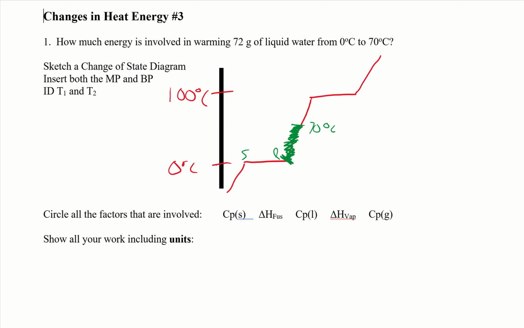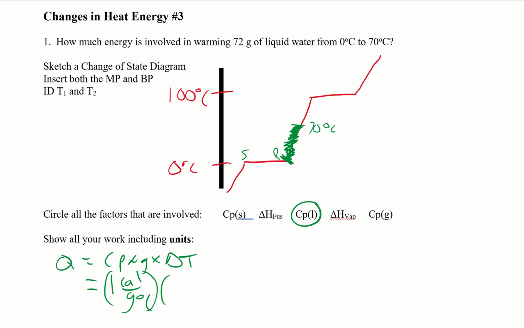All right, so we only have a one step problem. This entire incline here, we're going to use CP of a liquid. So your formula is going to be Q equals CP times grams times delta T. CP of liquid water, again, on the previous page, you can look it up. You probably remember it is 1 calorie per gram degrees Celsius.